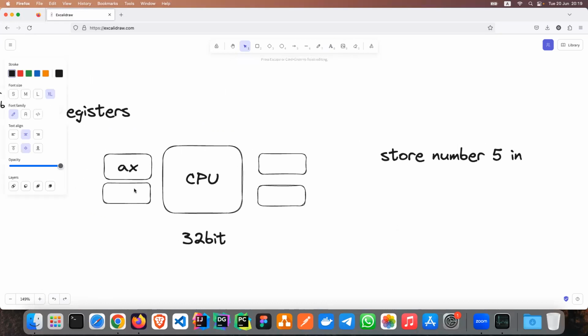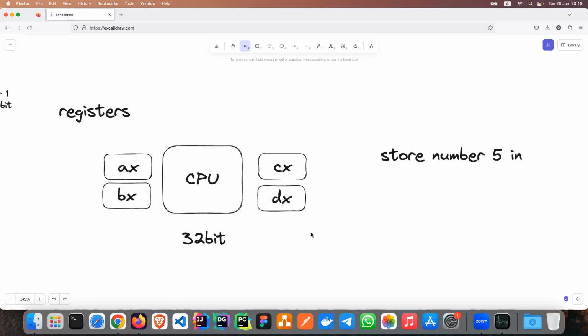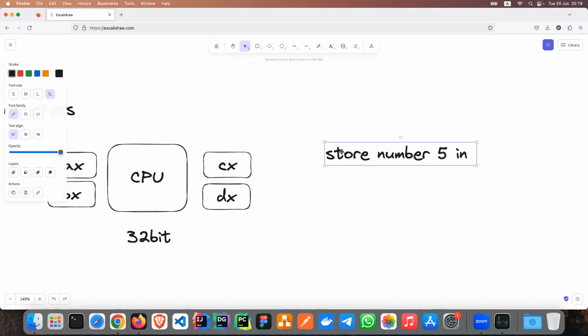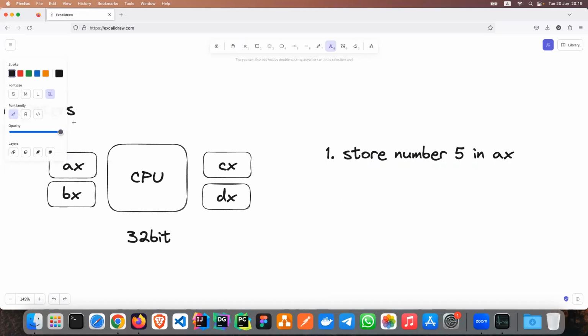Let's call them AX, BX, CX, DX. I give my registers names just so that I can remember them. If I want to write a program, I will work with only those registers. The first line of my program says: store number 5 in AX. Maybe write it somewhere here.